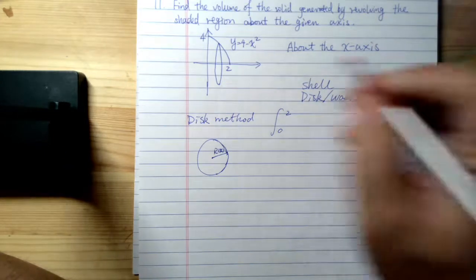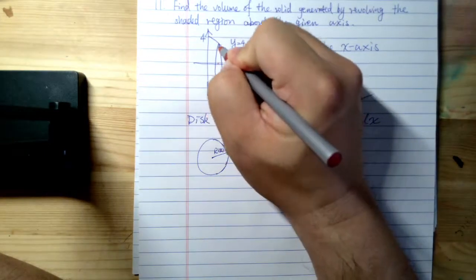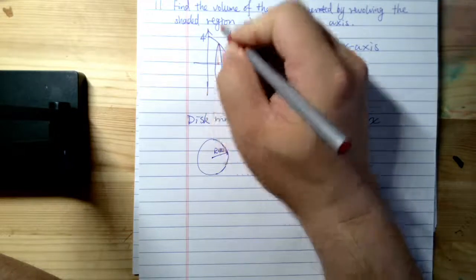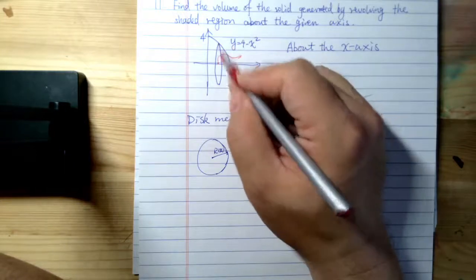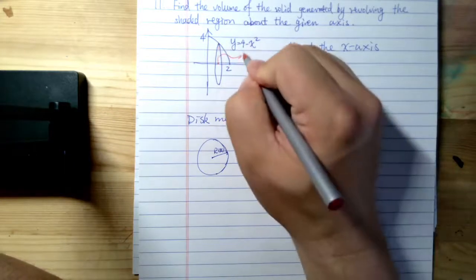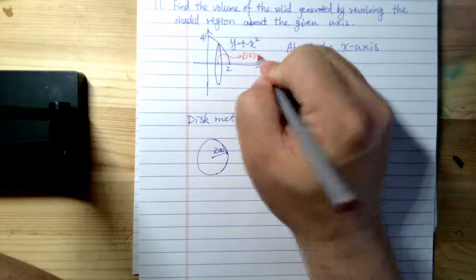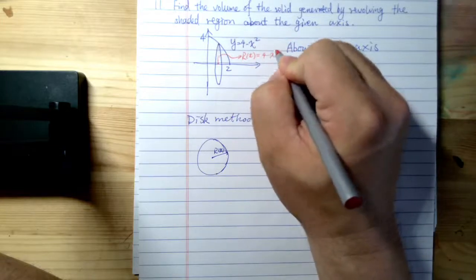So back to this graph, the radius of this general disk is exactly the y expression over here. So our capital R of x is exactly 4 minus x squared.